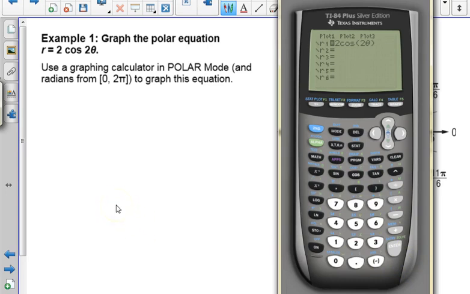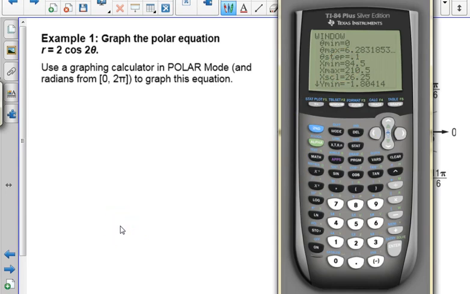Okay, this is not going to go well until we set up a window. Now, just like in parametrics, the calculator is literally calculating values. Okay, so we're going to put in 0 to 2 pi, 0, enter, 2 pi, enter, which changes it to a decimal. We're going to leave our step 0.1.